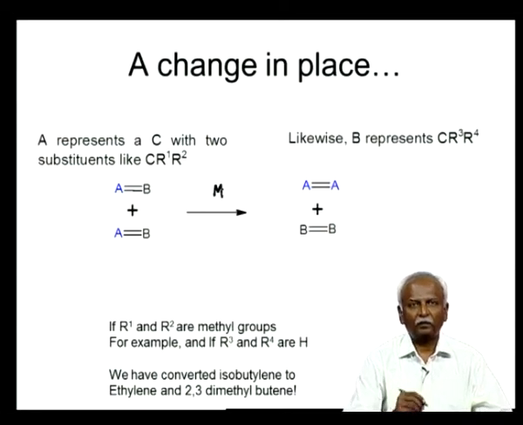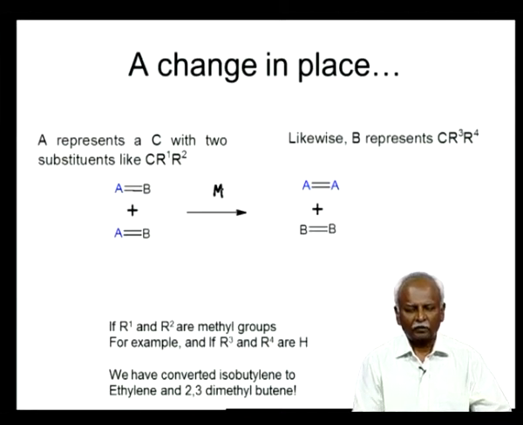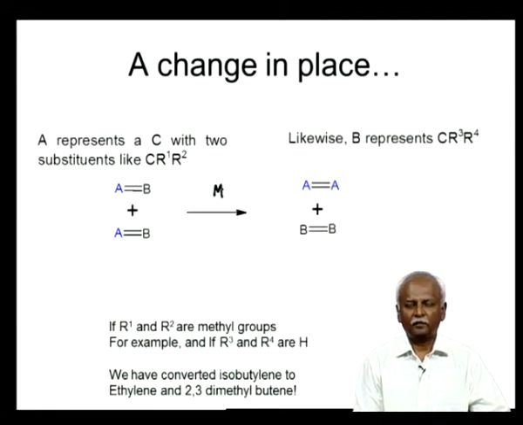So, the metal is our catalyst, and you can get molecules of AA and BB. So, you can imagine the scenario when AB and CD are reacted, at least 4 different olefins can be generated from this reaction mixture.